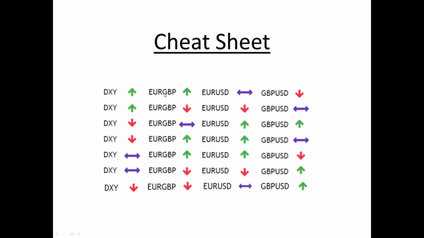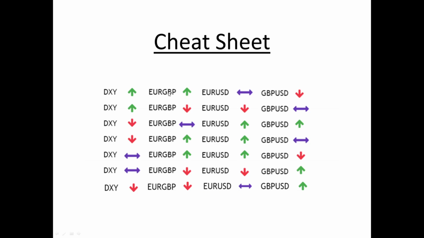Maybe Euro GBP is in a deep discount, so we're expecting Euro GBP to go up. Now, what happens when Euro GBP goes up? Right? The euro has more strength over the pound. So if we're expecting Euro USD to go down and GBP USD to go down, but the euro is stronger than the pound, we want to avoid selling Euro USD.